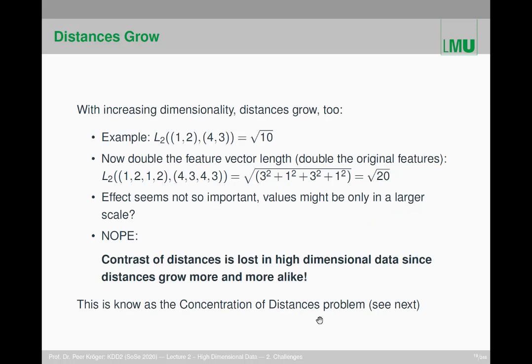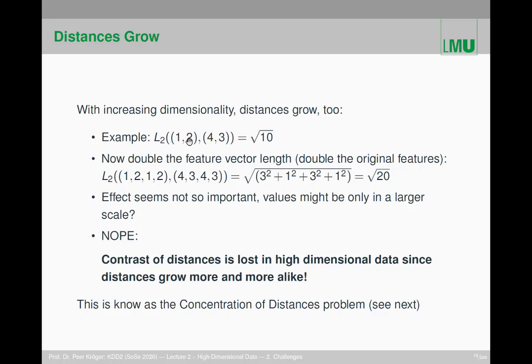With increasing dimensionality, the distances or the norms grow too. Well, that's somehow, as I said before, trivial, but what does it mean? In the two-dimensional case, the distance is 10. Now double the feature vector length with the original features. So now let's have not two-dimensional vectors but four-dimensional vectors, just doubling the features.